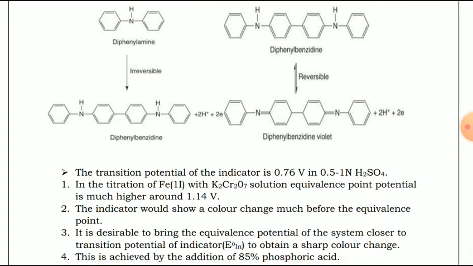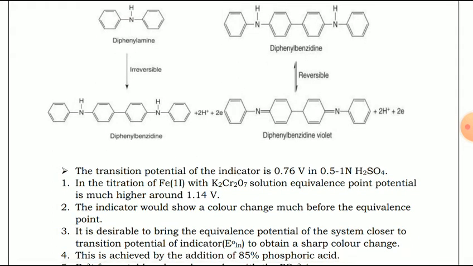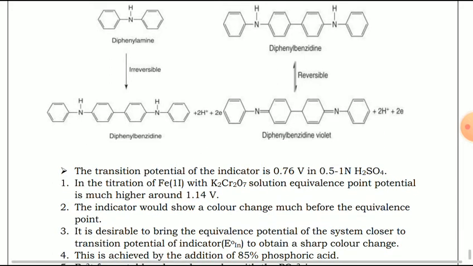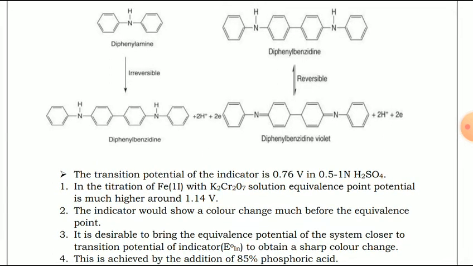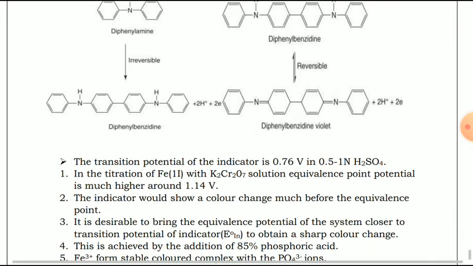This is achieved by the addition of 85% phosphoric acid. That means during the titration of this Fe2 plus versus K2Cr2O7 solution, when we add the phosphoric acid, 85% phosphoric acid, the sharp color change will be obtained. Okay, that is the main role of this phosphoric acid over this titration.